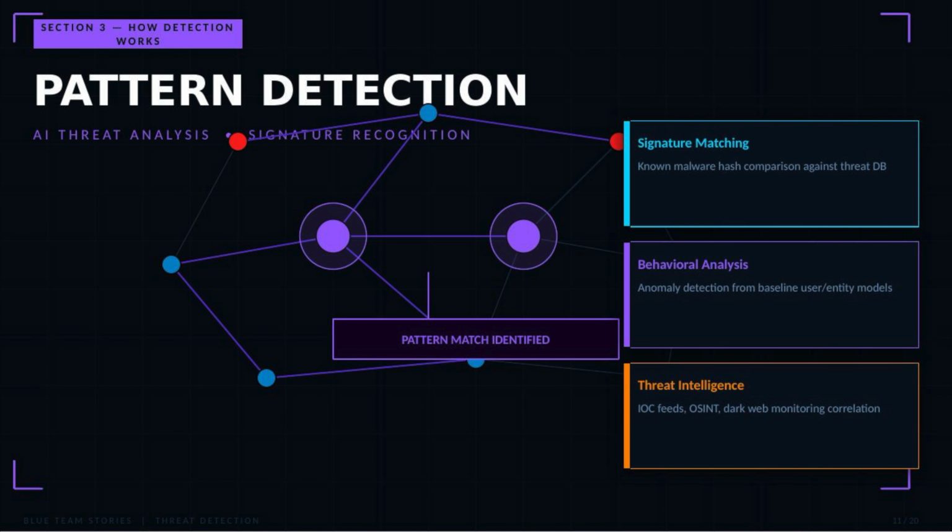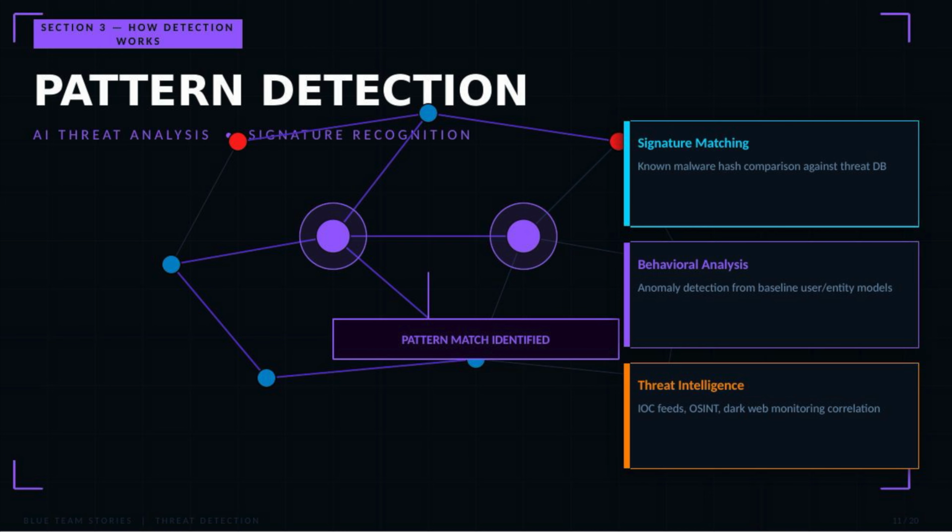Pattern detection. Every cyber attack leaves behind patterns and indicators. Threat detection systems are designed to recognize these patterns automatically. Modern security platforms use artificial intelligence, behavioral analytics, and machine learning to identify suspicious relationships between events occurring across systems and networks.